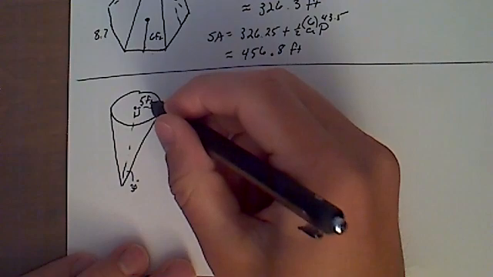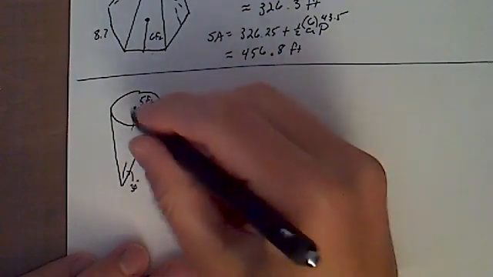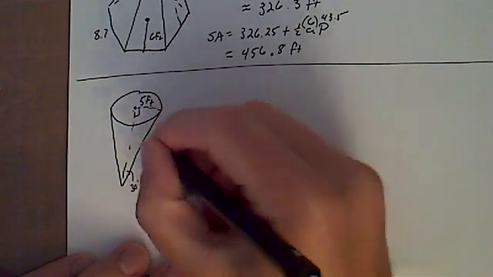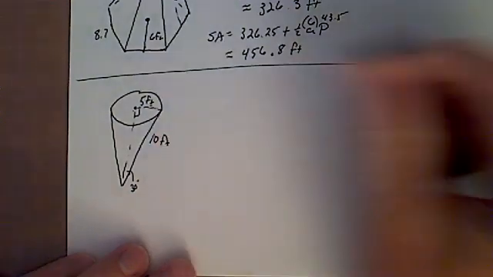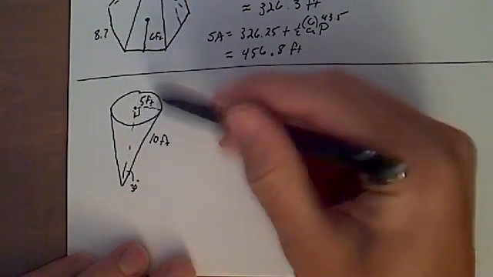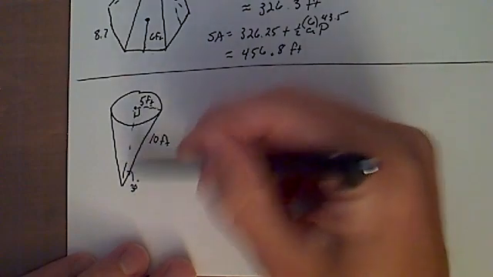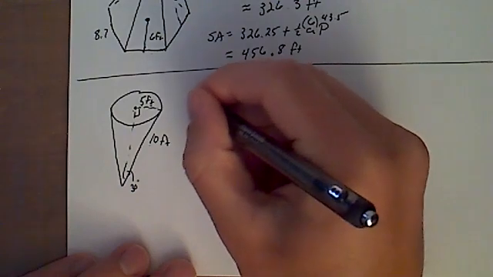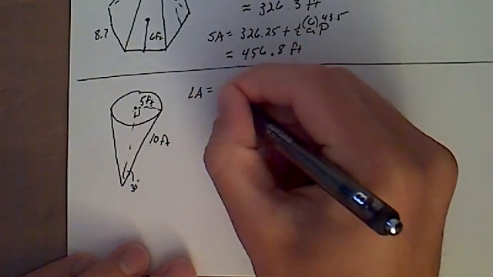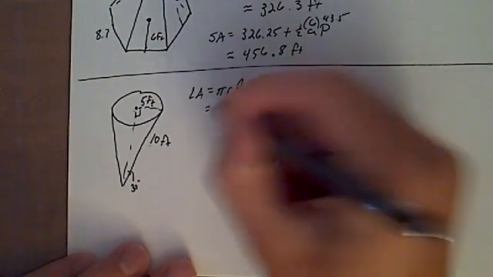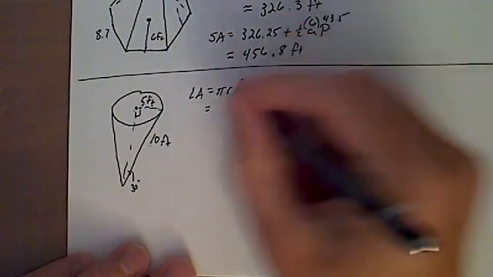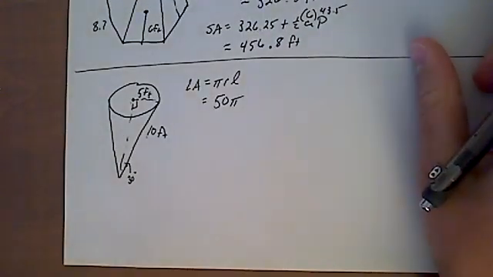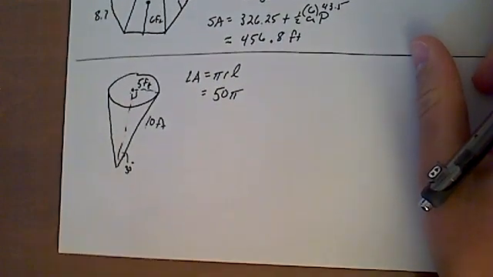So what would be the slant height? Well, if we have a side of 5 across from the 30-degree angle, the slant height across from the 90-degree angle has to be 10 feet, right? The hypotenuse is twice the short side in a 30, 60, 90. And so our lateral area is pi RL. Radius is 5, slant height is 10. That gives us 50 pi. In a normal year, that is how I would have you give your answer.